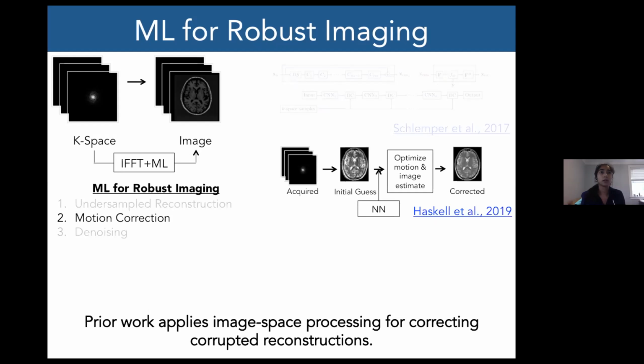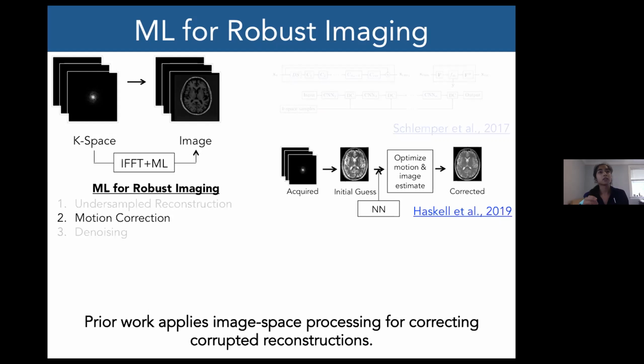Similarly, there have also been image-based processing approaches for the motion correction problem. So just last year, Haskell et al. proposed an approach that uses an image-based neural network as a smart initialization for an optimization approach for this problem. Again, they start with some corrupted frequency space data, or k-space data, and use an inverse Fourier transform to construct an initial guess of what the corresponding image might look like.